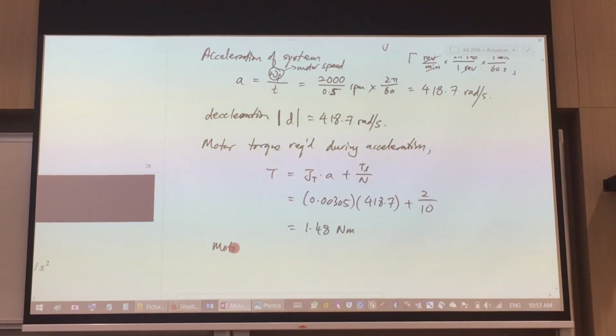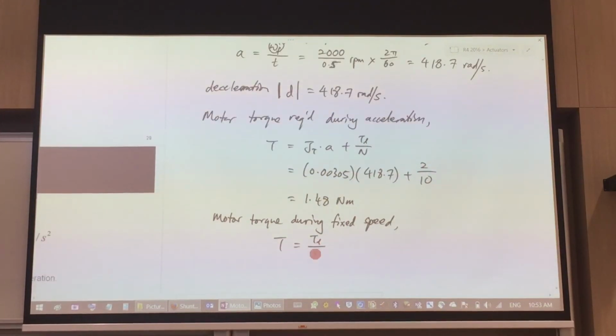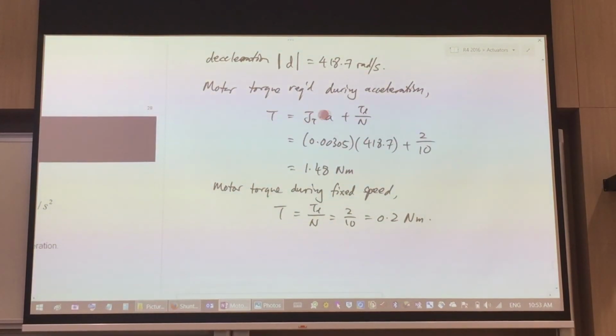How about the motor torque for the constant speed? In a fixed speed, you don't have that acceleration part, so it's only T_L over n. That's 2 over 10, 0.2. And for the deceleration phase, it just means that there's a negative term over here.